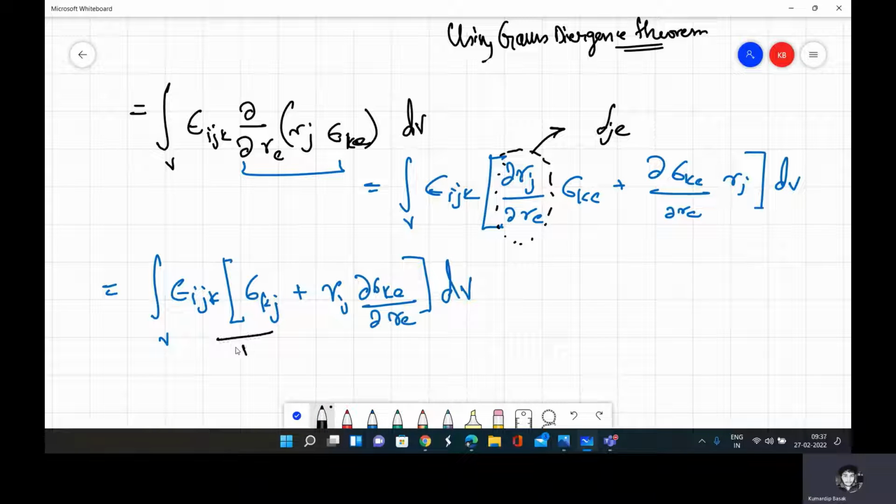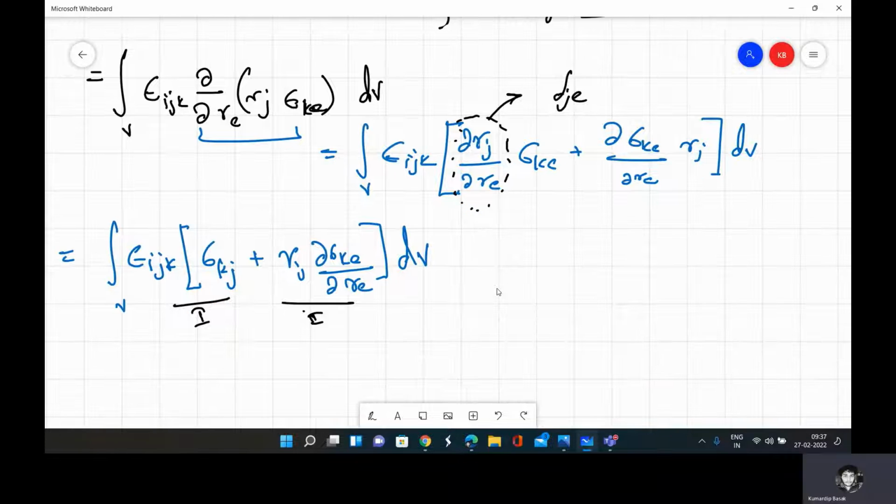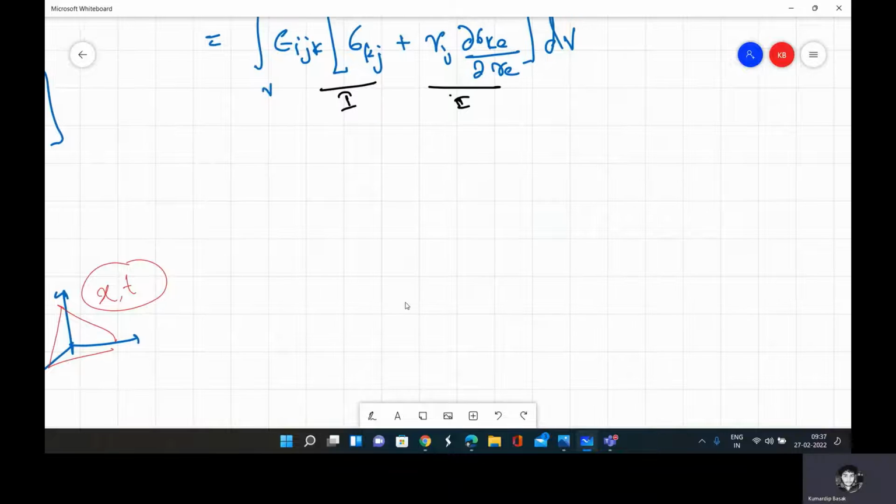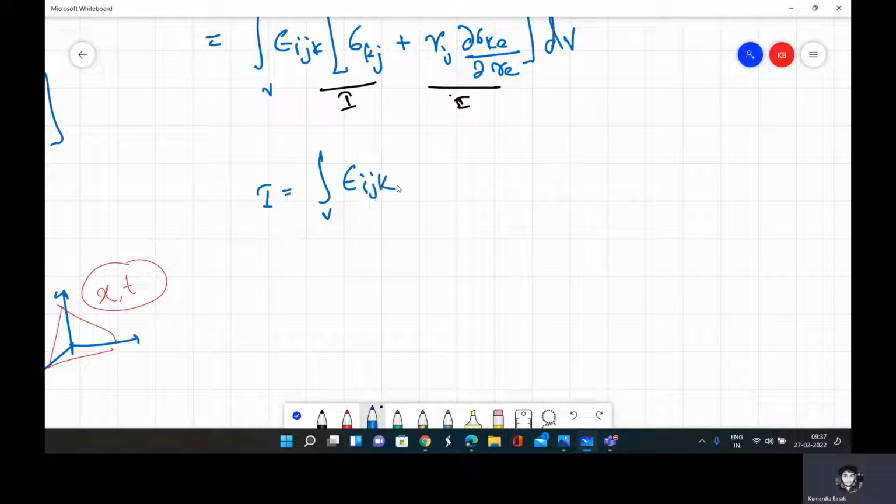Now let us take the first part as 1 and the second part as 2, so we can analyze 1 and 2 separately. Part 1 is the integral over V of epsilon ijk into sigma_kj into dV.